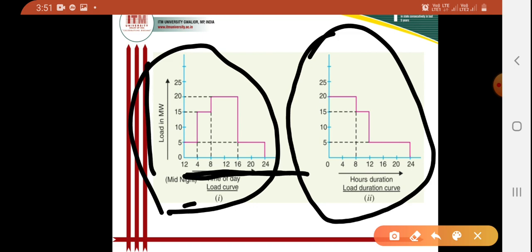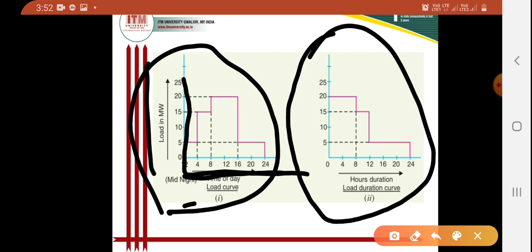This load curve I have shown for 24 hours, from 0 to 24 hours, and the load is shown from 0 to 25 megawatt.